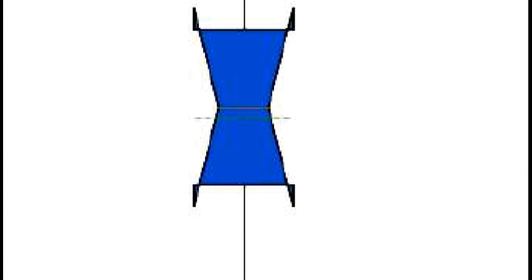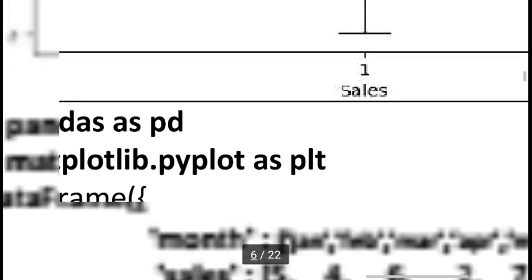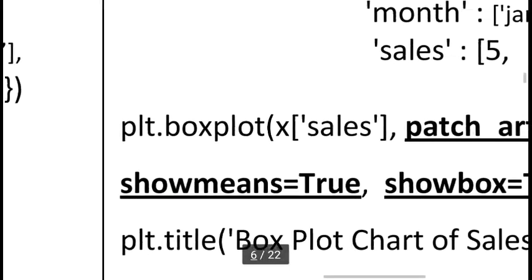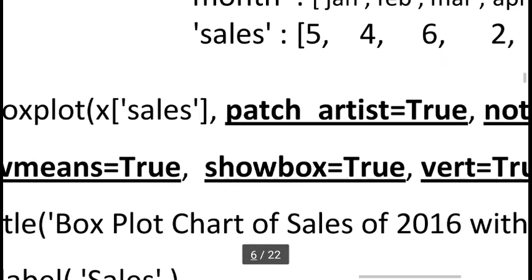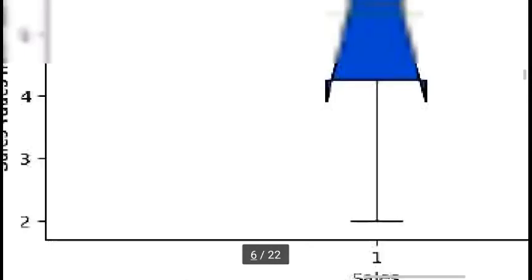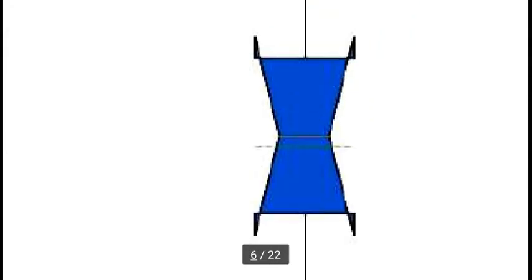So this represents our average value indication. Okay, show box is equal to true. So here this notch rectangle box is always visible.